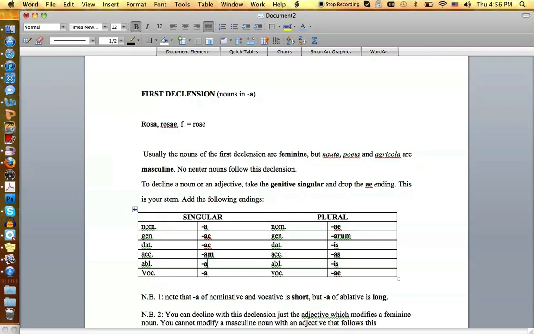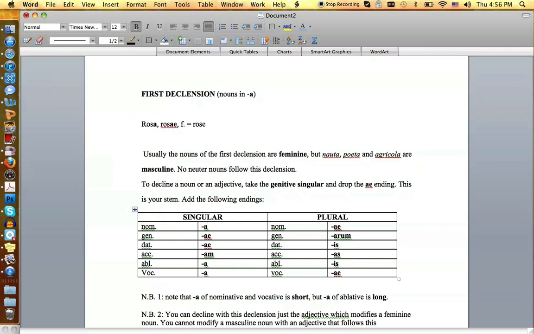So if the nominative is rosa, the ablative is rosā, but it's not so important because we really cannot perfectly know how Latin was pronounced, as you know. So, rosa, rosae, rosae, rosam, rosā, rosa. This is to do an example, but what you have to memorize are really the endings.